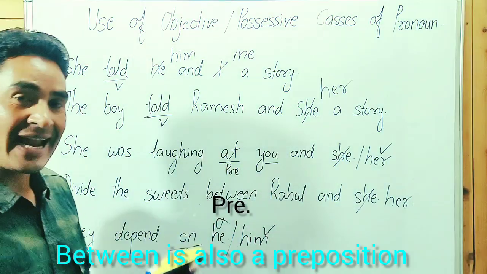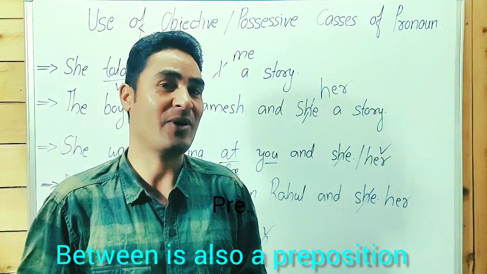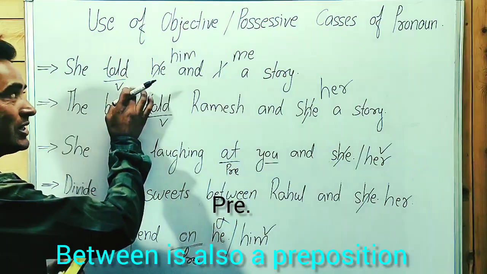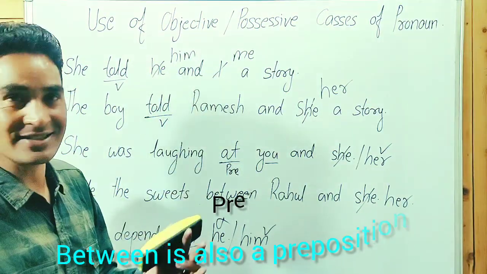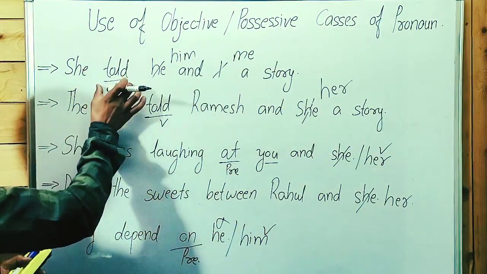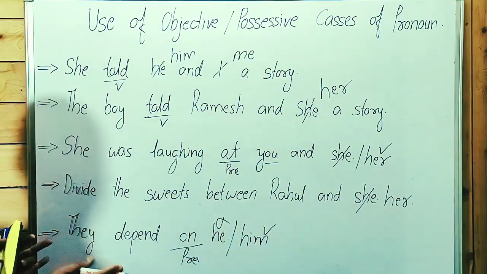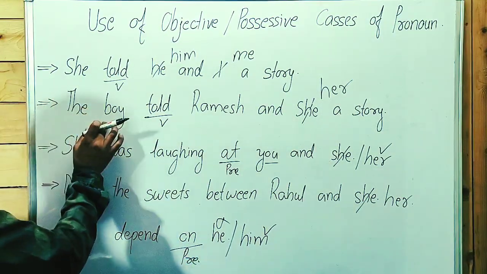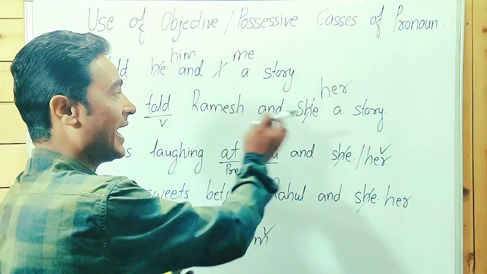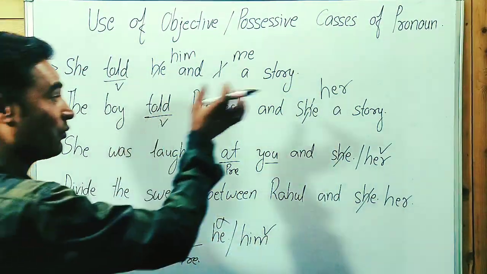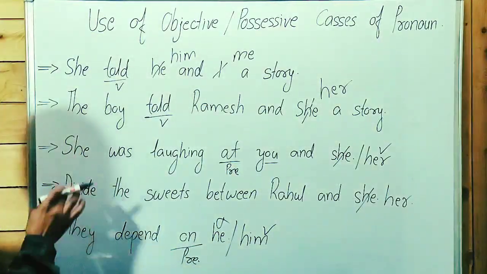After a preposition and a verb, we use the objective case of the personal pronoun. I repeat, she told him and me a story. Because told is a verb, after a verb we use the objective case of the personal pronoun. The boy told Ramesh and her a story, not she a story, because after a verb we use the objective case.